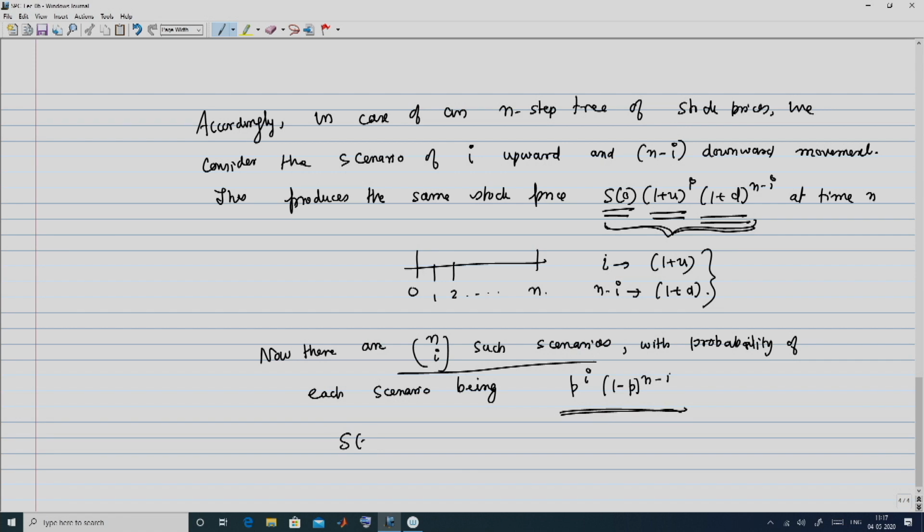So, this means that I can write S of n is going to be S0 into 1 plus u raised to i into 1 plus d raised to n minus i with probability p raised to i into 1 minus p raised to n minus i, and this can happen in n choose i number of ways, and this can hold for i equal to 0, 1, 2 all the way to n.